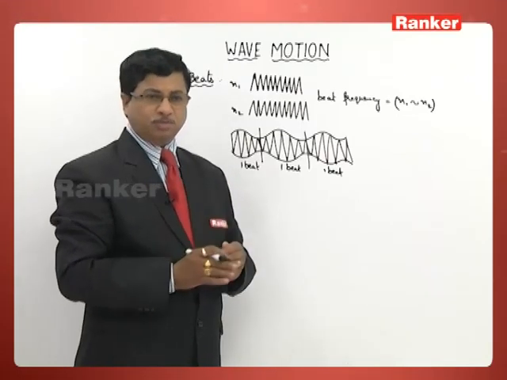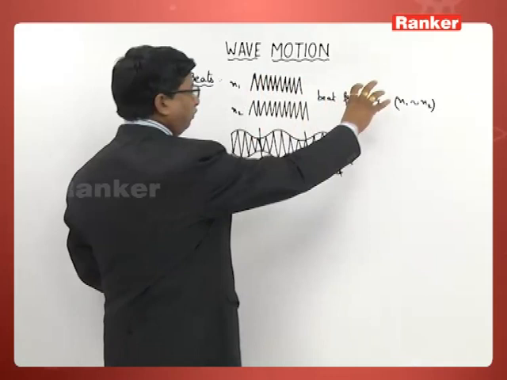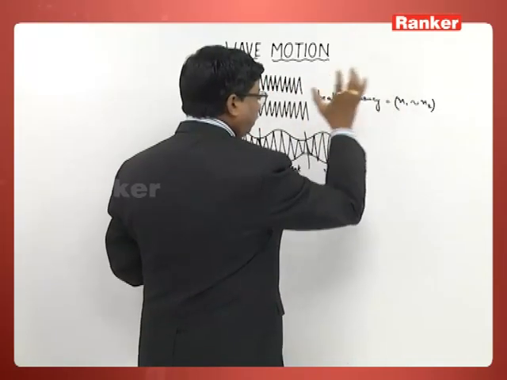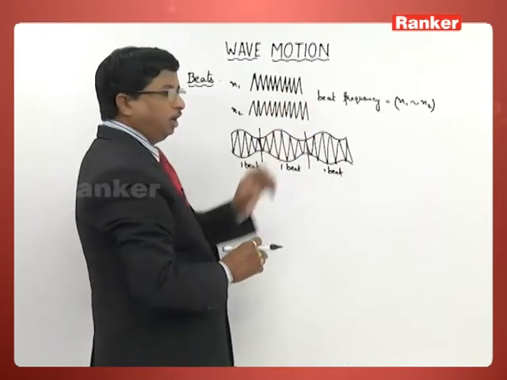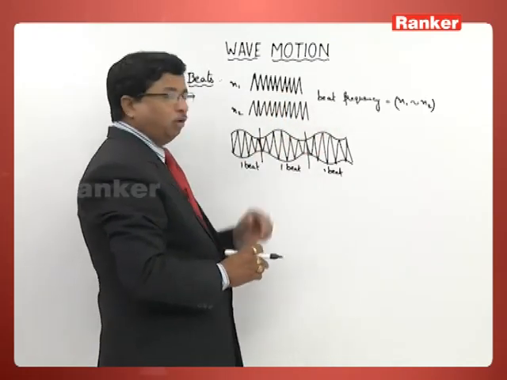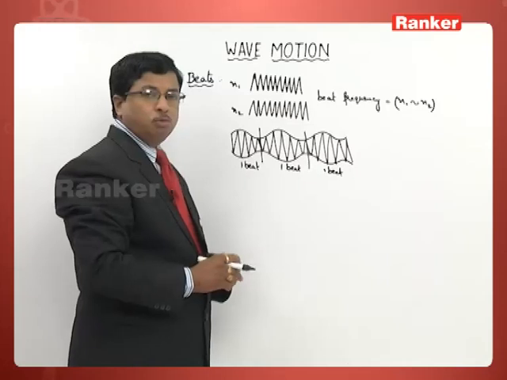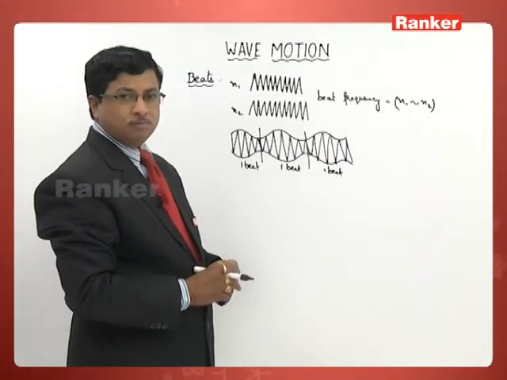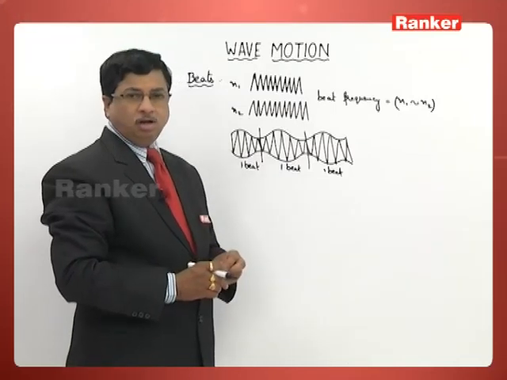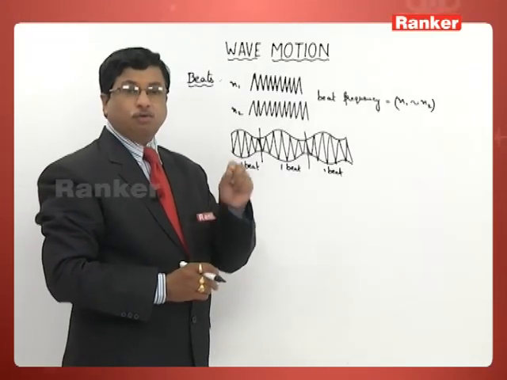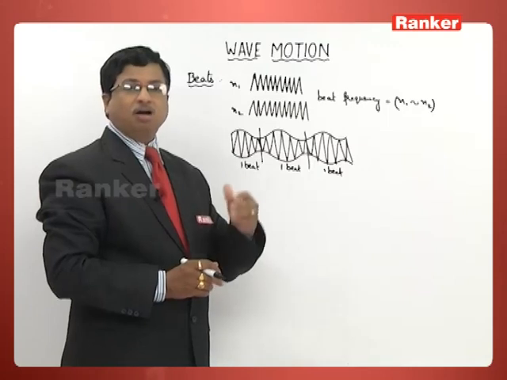But what exactly is this concept? Beat frequency is equal to the difference of the frequencies. That's what I have given. But how do we know that it is equivalent to the difference of the frequencies? For that, we need to take the principle otherwise called the superposition principle of waves.